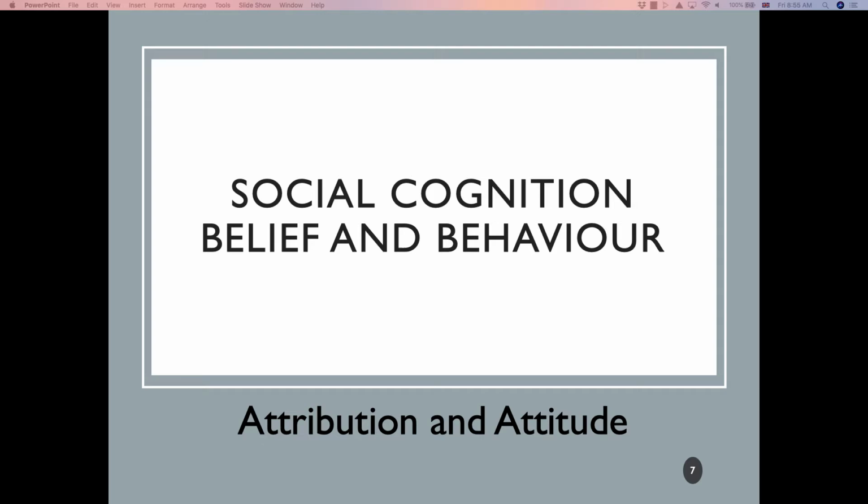So social cognition. Our beliefs and our behaviours. And the way in which we understand this is through attribution and attitude. Now, our attributions are all about explaining why we do what we do.